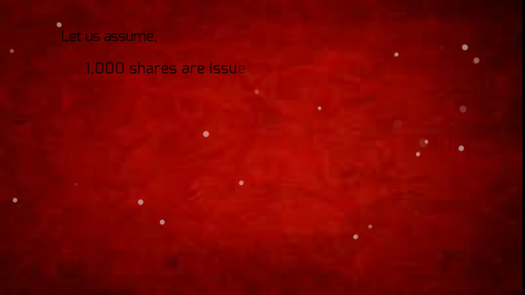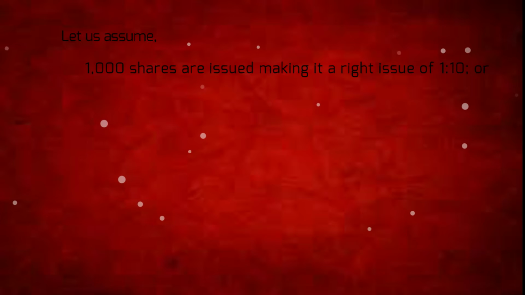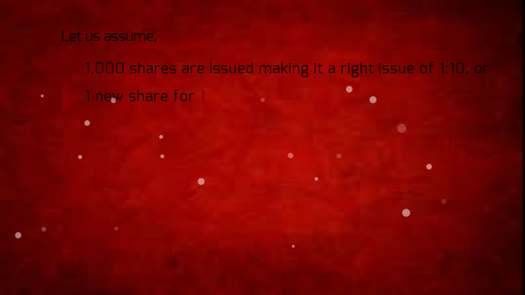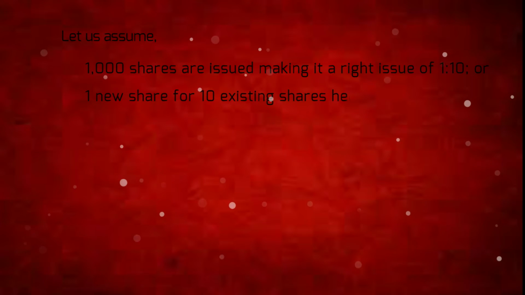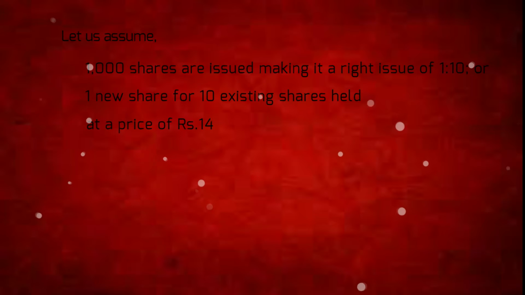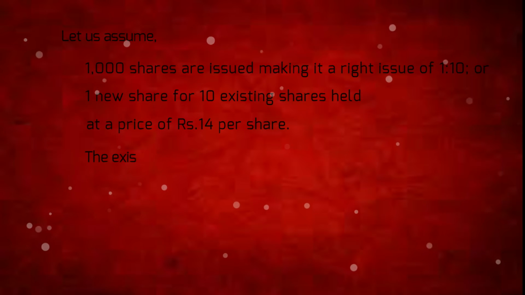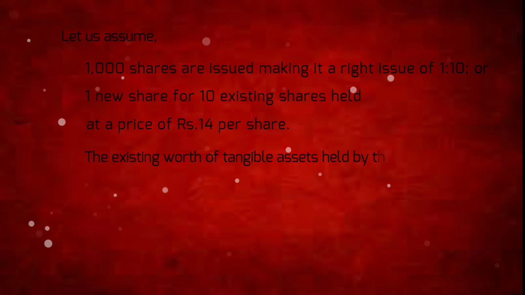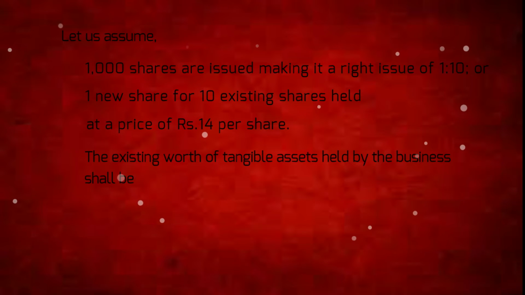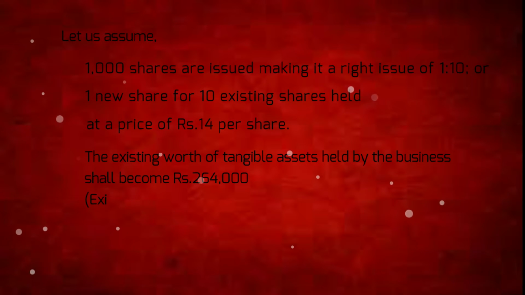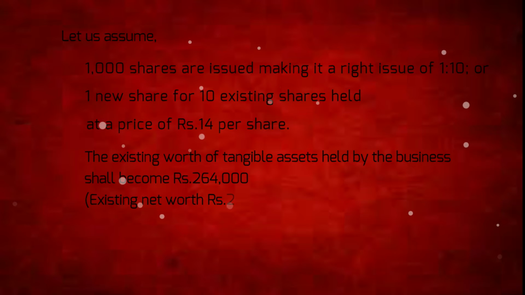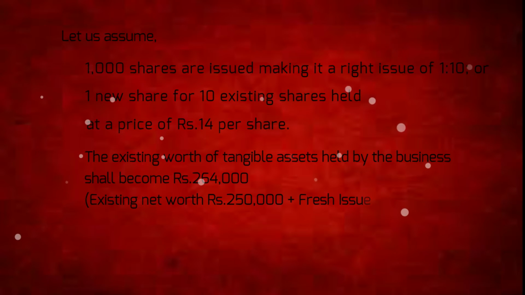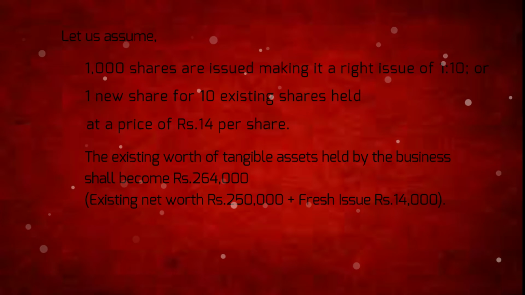Let us assume 1000 shares are issued, making it a rights issue of 1:10, or we can say 1 new share for 10 existing shares held, at a price of Rs 14 per share. The existing net worth of the business shall become Rs 2,64,000. That is, existing net worth of Rs 2,50,000 plus fresh issue of Rs 14,000.